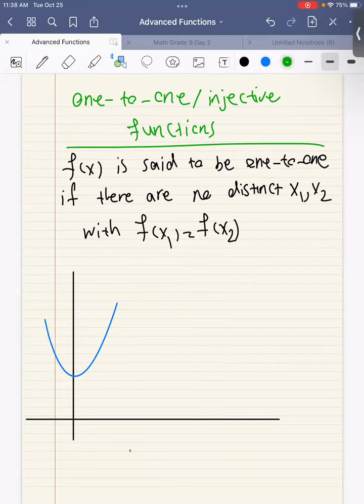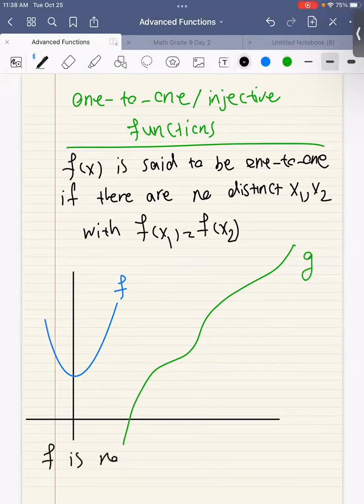But if you have a function like this, this one is one-to-one. So I call this F, I call this G. So F is not one-to-one, but G is one-to-one.